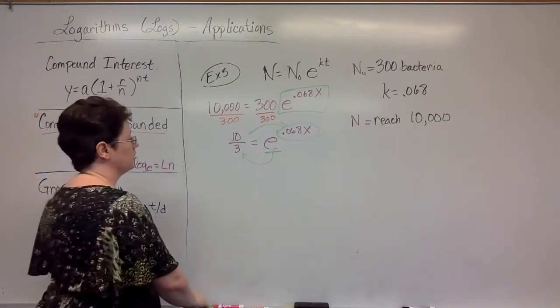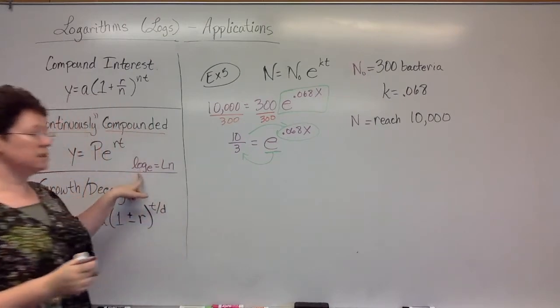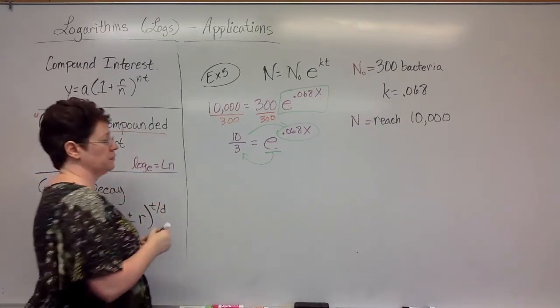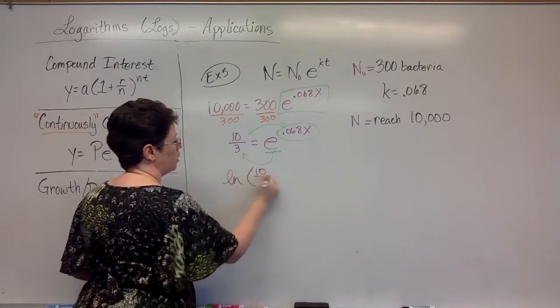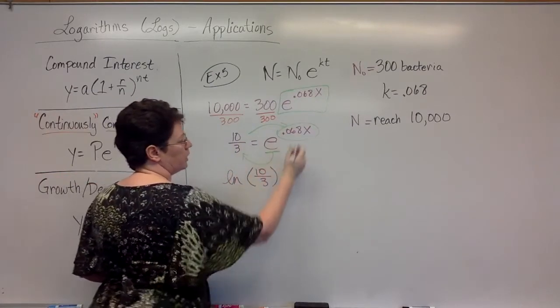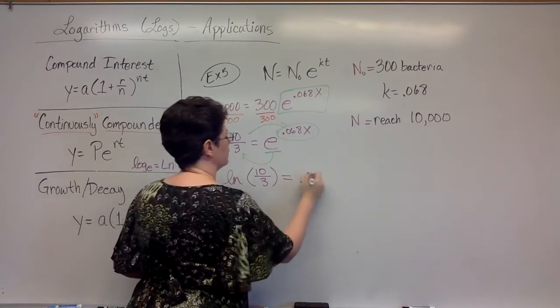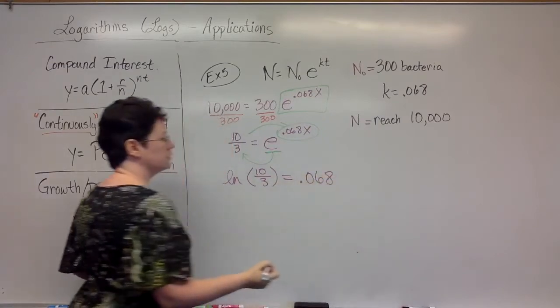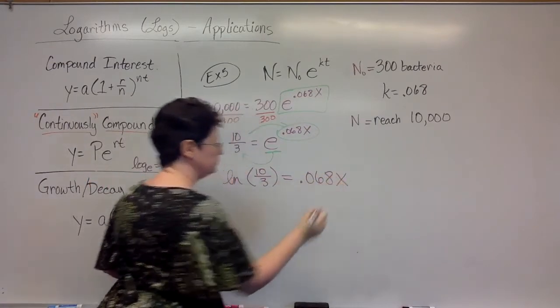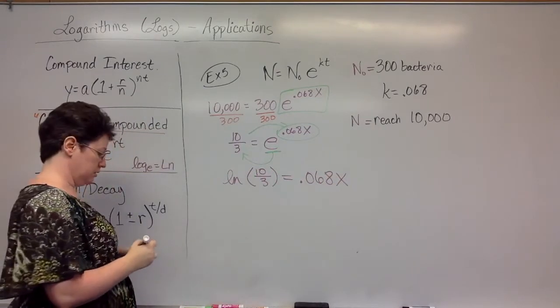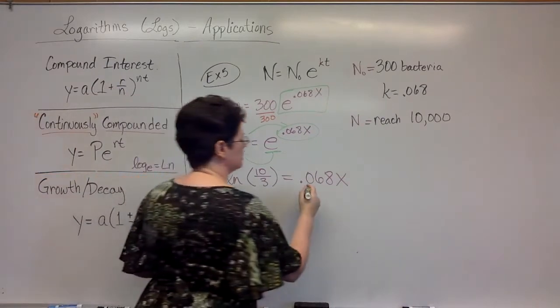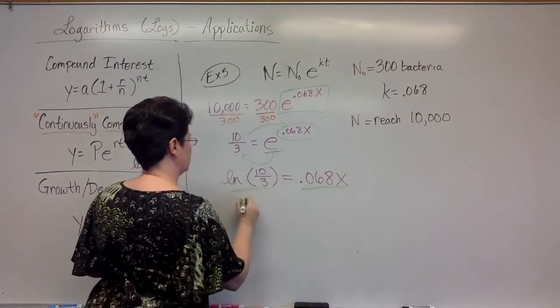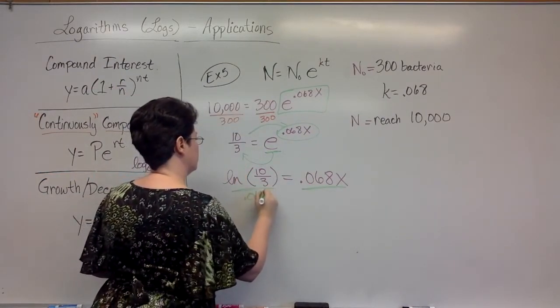All right? So I have a log base e. What's log base e called? ln. So I have ln of what? 10 over 3. Come back around. That's equal to 0.068 x. Can't forget the x. What am I going to do with that 0.068? Yeah, we're just going to divide it by 0.068.